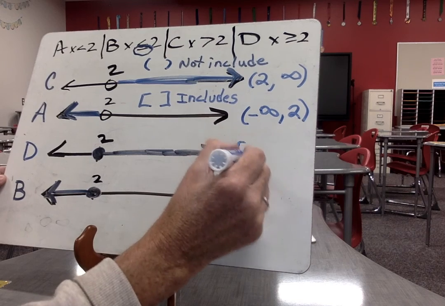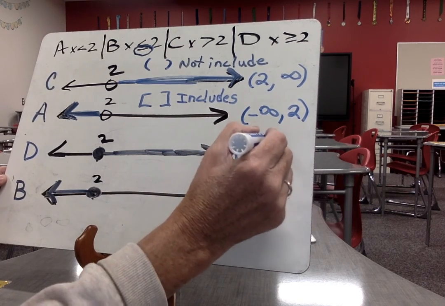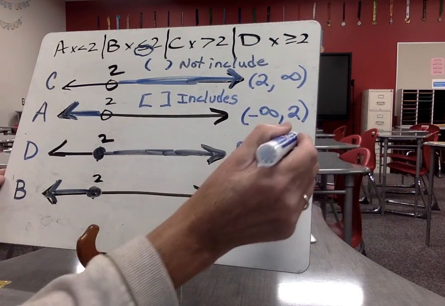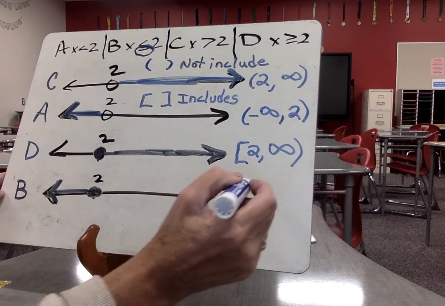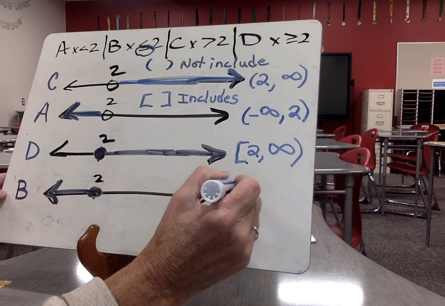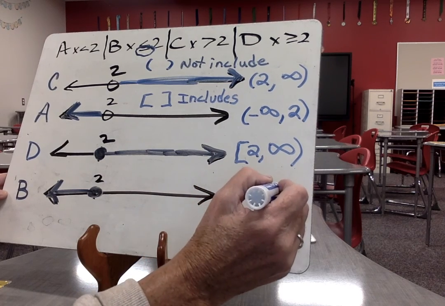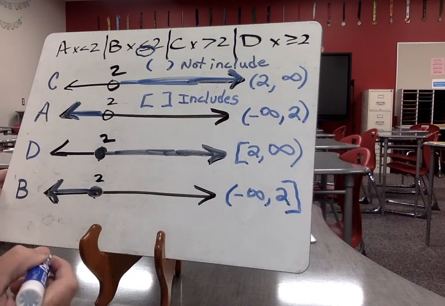So if it includes 2, we've got a bracket instead of parentheses. So you get 2 and then infinity there. And again, infinity is always with a parenthesis, not a bracket. This one goes from negative infinity, so parenthesis whenever there's an infinity, and it goes all the way up to 2. And that includes 2, so it's a bracket.